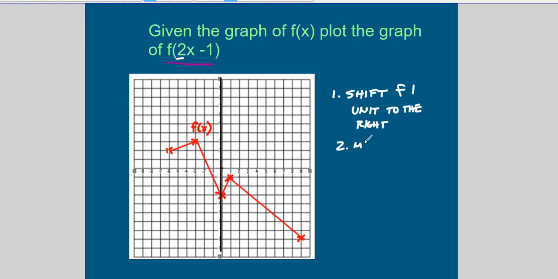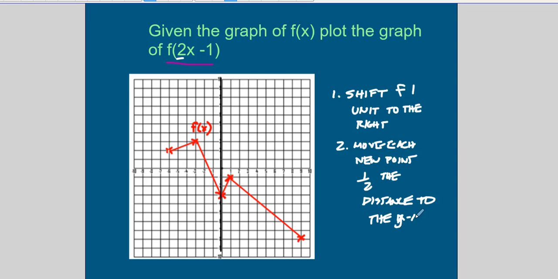So to move each point, I'll say new point, 1/2 the distance to the y-axis, sorry, the vertical axis. So let's choose a color. I'll use purple here. So first I am going to move everything 1 unit to the right.